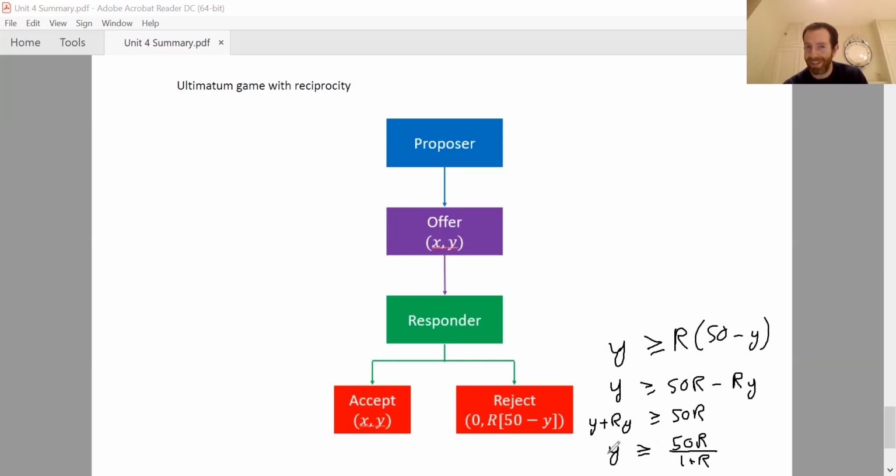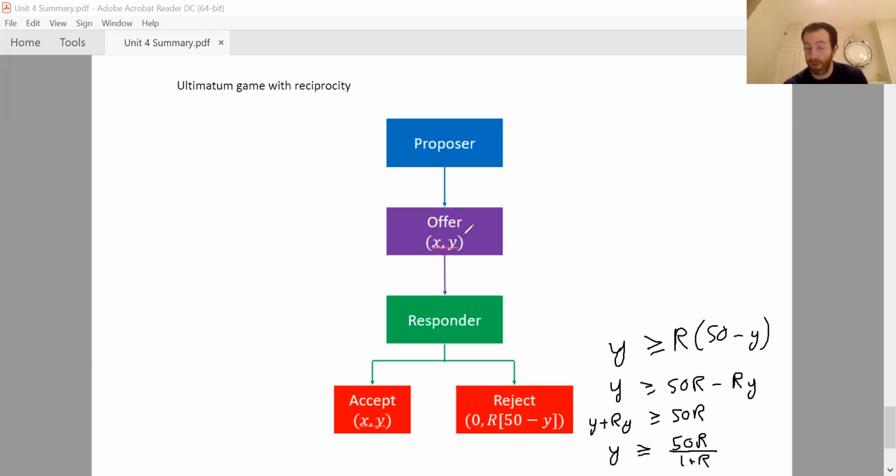Because what this tells the proposer is what value of Y the proposer needs to offer in order to get the responder to accept. And this is great because from the proposer's point of view, what they want to do is make an offer that will be accepted, but make that offer as low as they possibly can, right?